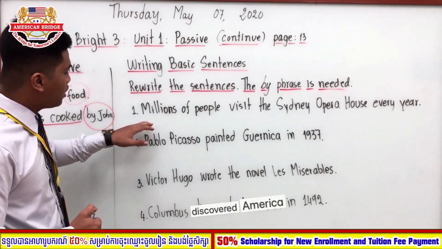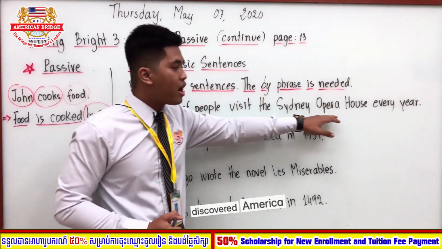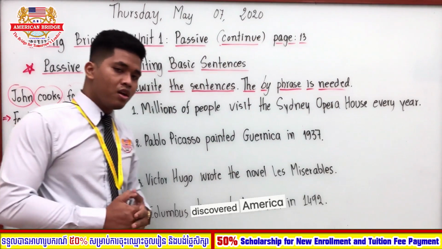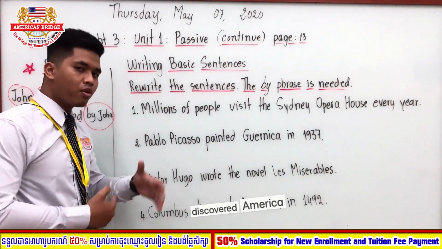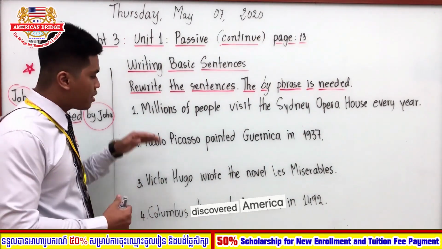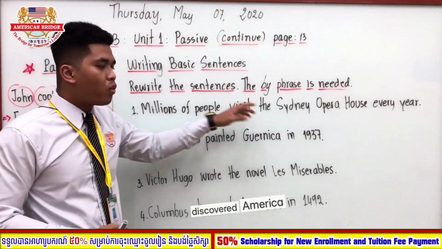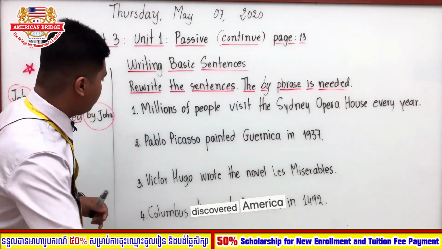The first one: millions of people visit the Sydney Opera House every year. So remember the 6 steps that we use to change from active to passive. The first one, we need to analyze what is the subject, what is the verb, and what is the object of our original sentence. So let's start.